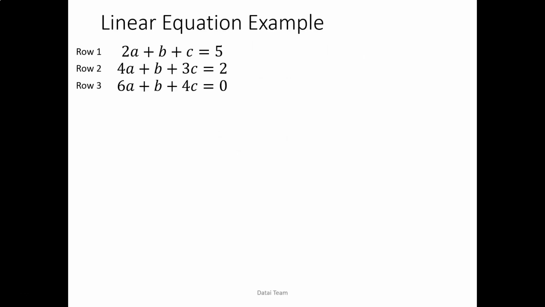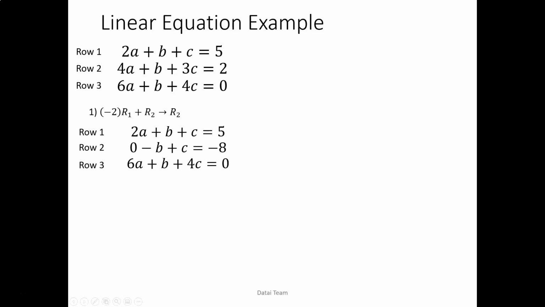So let's say that we have 2a plus b plus c equals 5, and we also have 4a plus b plus 3c equals 2, and 6a plus b plus 4c is equal to 0. As you can see, we have 3 equations and 3 unknowns, so this system is solvable.